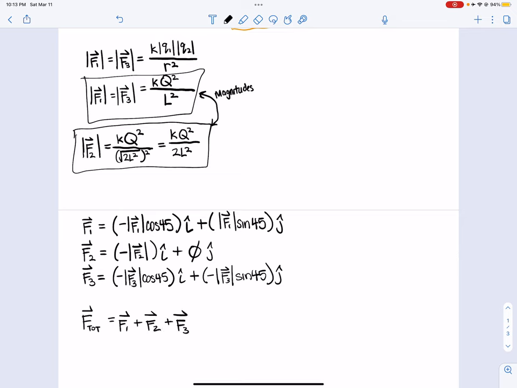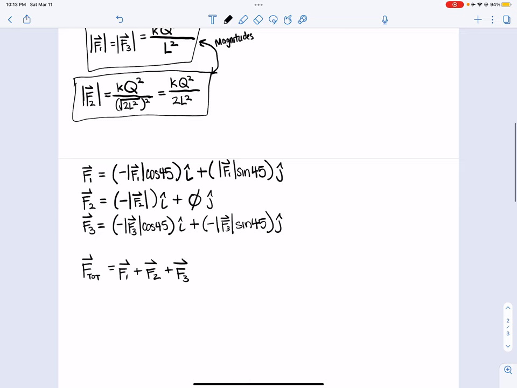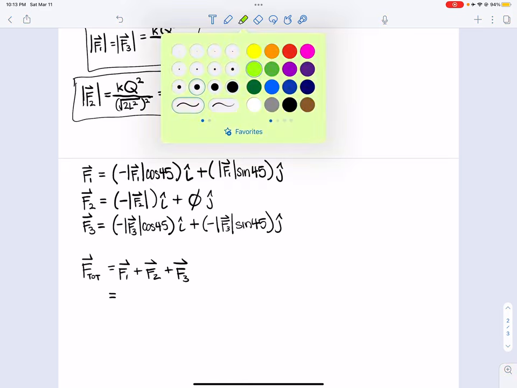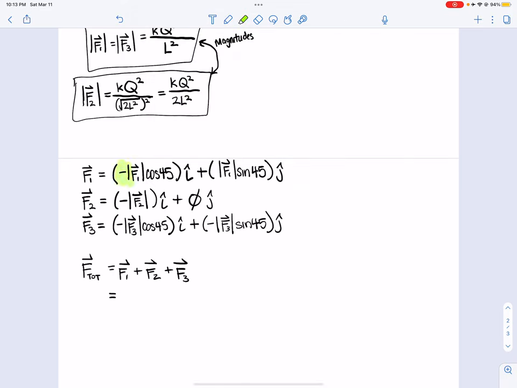Force 1 plus force 2 plus force 3 is equal to the total force. So I will first get the forces in the i hat direction and add them together, these guys. Okay?